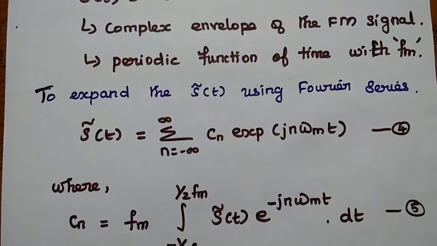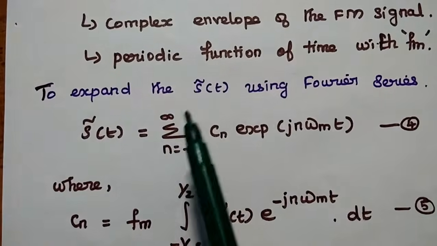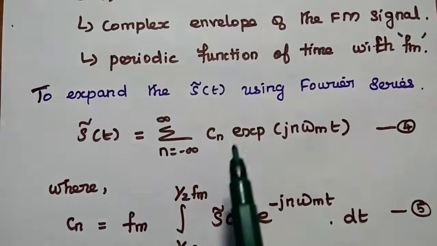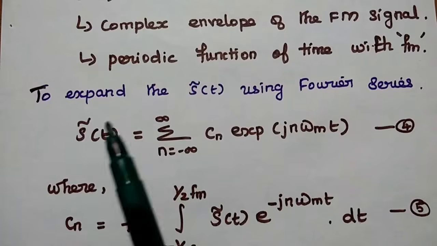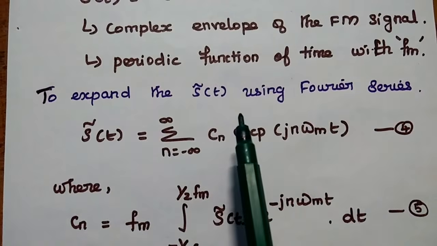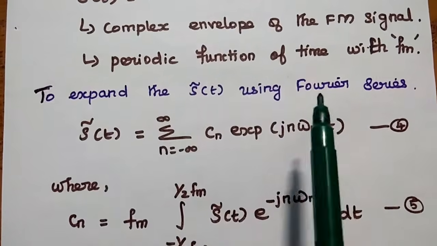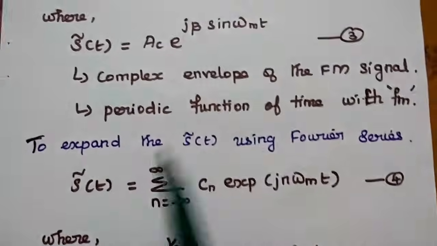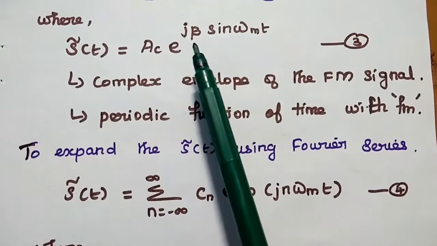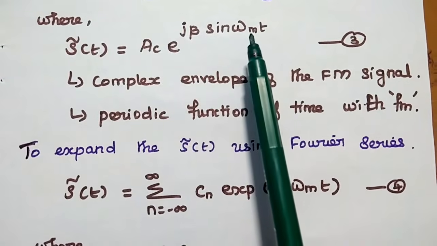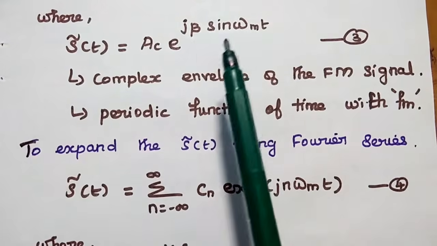Next we are going to analyze the complex envelope of the FM signal. We are going to expand the complex envelope of the FM signal using a Fourier series, because in this we have the modulation index as well as the modulating frequency.